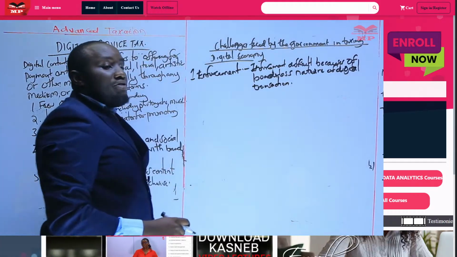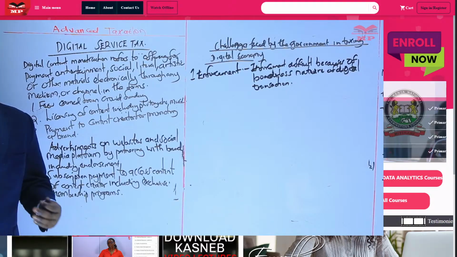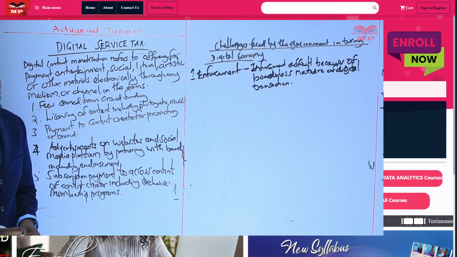Enforcement basically is difficult because of the borderless nature, getting the borders of where it lies. Borderless nature of the digital transaction.